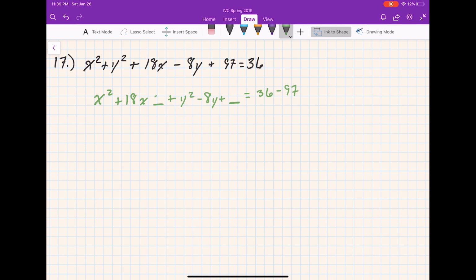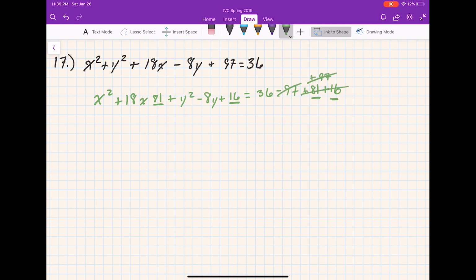Now, let's start putting in, that's going to be 81. This one's going to be, what is this, 16. So remember, if we add 81 to one side, we have to add it to the other. Same thing with the 16. And 81 plus 16 add together to be 17, so it's a plus 17.